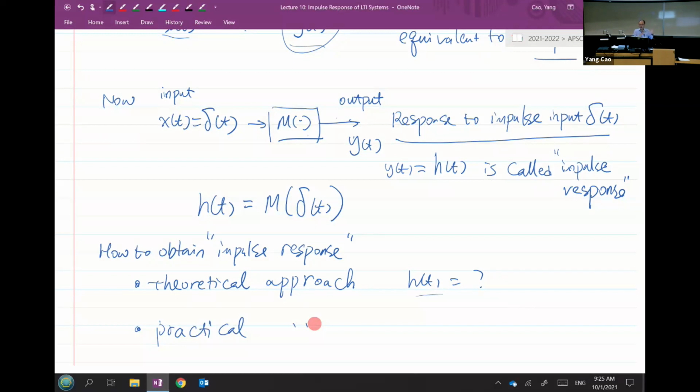Then you can say, here is the system output for the sinusoidal input. That's called the experimental or practical approach.